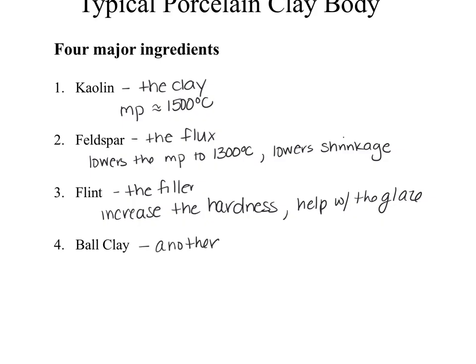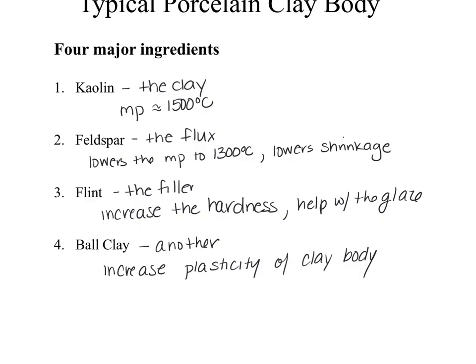And you don't just have to have one flux or one filler. A lot of times, right, people have multiples because they're trying to get their perfect recipe that makes the best clay for their application. And so ball clay a lot of times will increase the plasticity of the clay. Right? So these would be 4 ingredients that you can mix together to make a clay body.